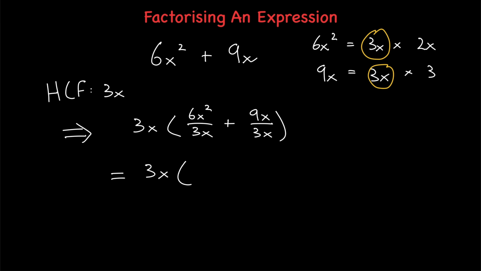So 6 divided by 3 is 2, and x squared divided by x is just x. And then plus x divided by x is 1, so they cancel each other out. And 9 divided by 3 is 3. And so then our factorized expression of this original is here.